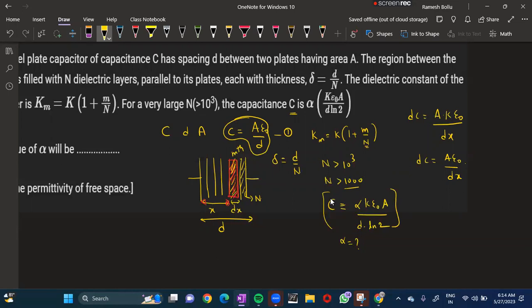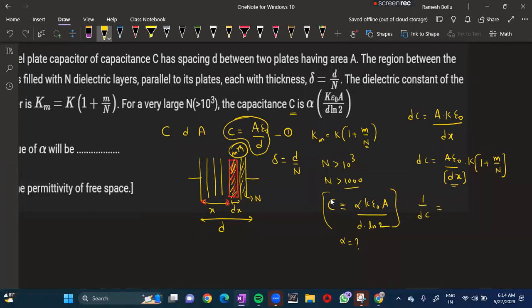K value is given. For the mth layer, K value is K into 1 plus small m by capital N. Is it clear? dx is in the denominator, so I will do invertendo.